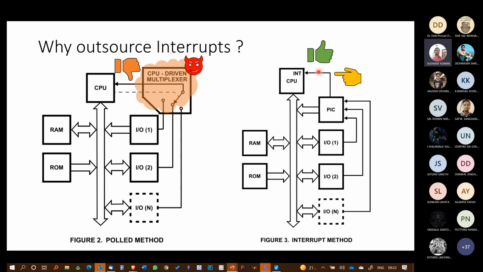INTR. That's right. It should be INTR because the moment this pin is asserted, we expect that this PIC will then tell us which handler to go to for this IO, which handler to go to for this IO. So we expect that it should first assert this pin INTR. Please note the word assert.